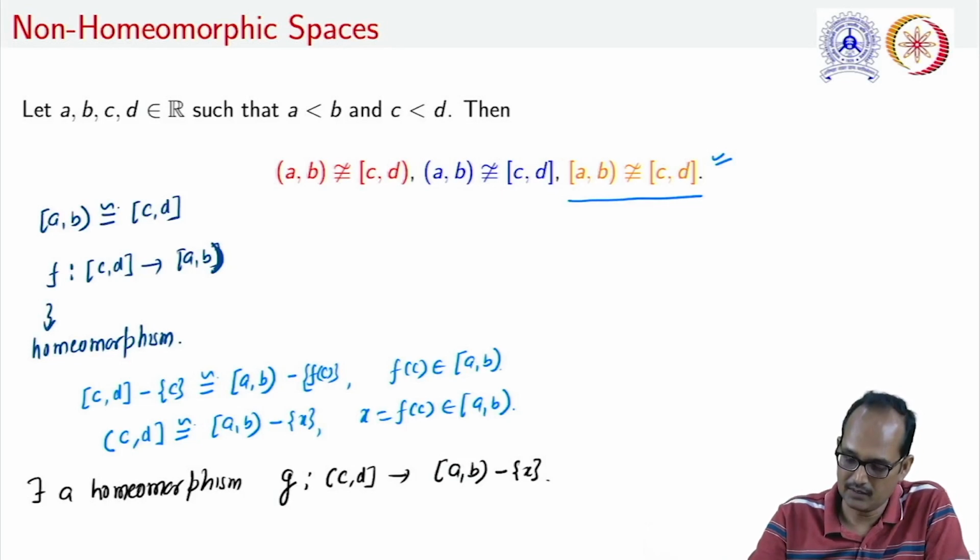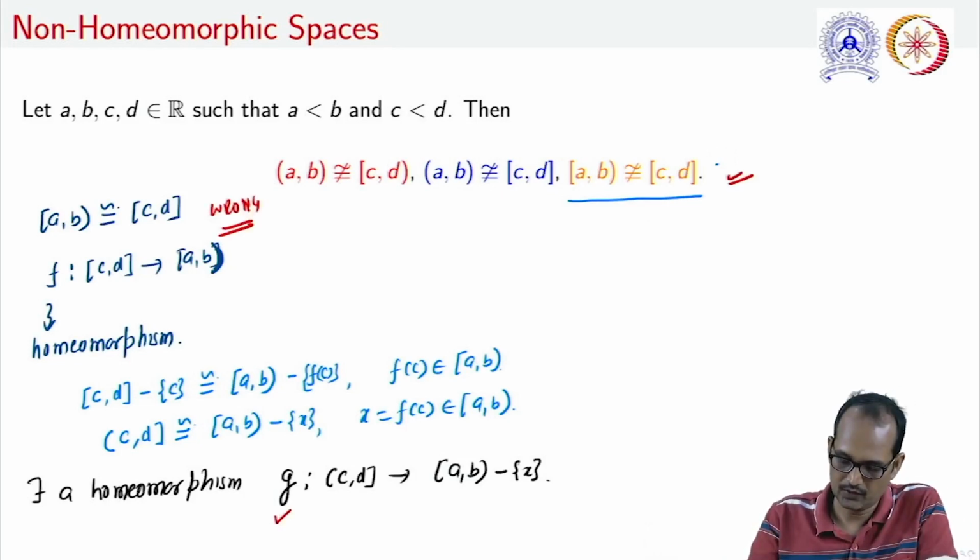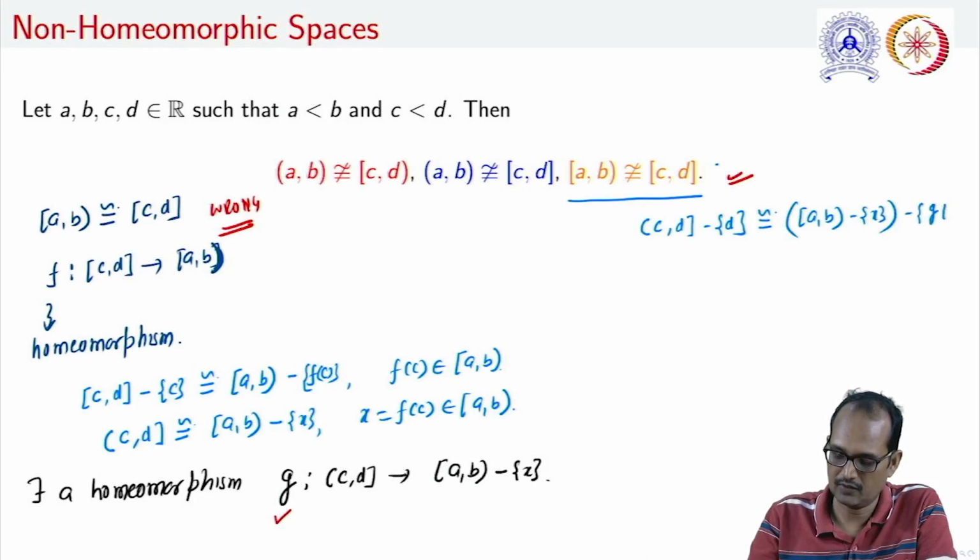And again, using the result, we can conclude that if we remove the singleton set {d} from this semi-open interval, this should be homeomorphic to [a, b) minus {x} minus the image of d under this function g.